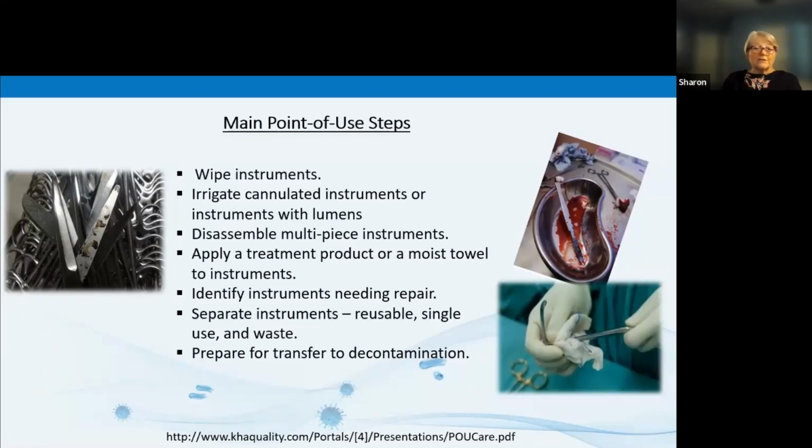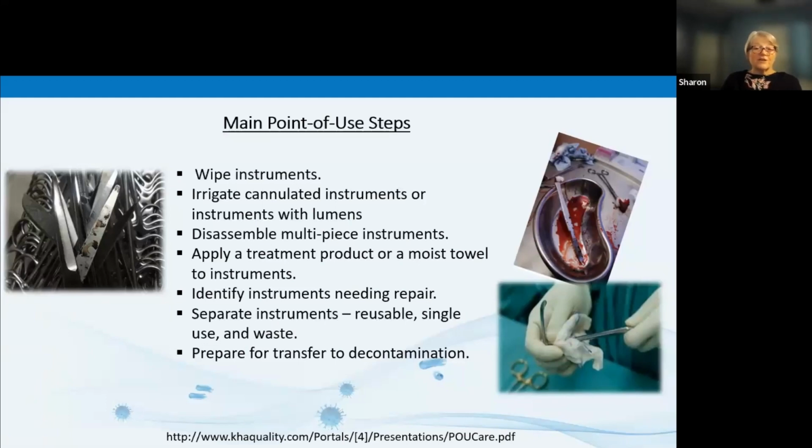If you've worked in or observed device reprocessing, you know that point of use cleaning involves several steps that go beyond cleaning to remove just gross soil. So the point of use cleaning process starts with wiping instruments down and irrigating instruments with lumens or cannulated instruments. And this removes gross soil so biofilms don't begin to form.